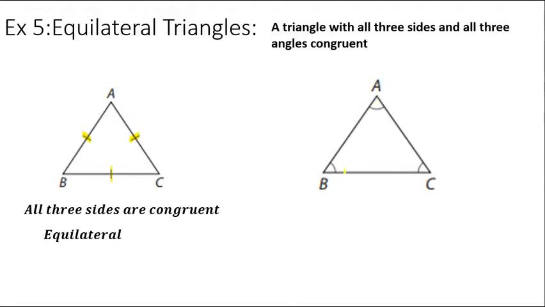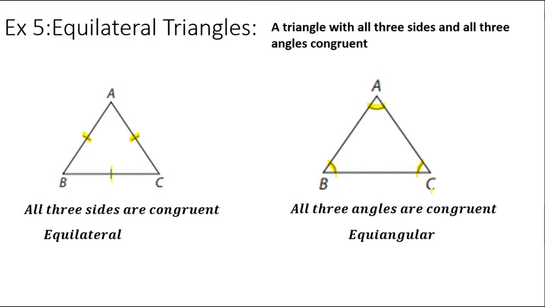In the second triangle, if you notice here, it shows that the angles are congruent to each other. They all have one angle mark. So you say all three angles are congruent, which means the triangle is called equiangular.